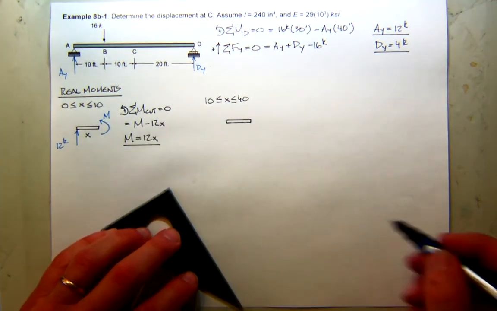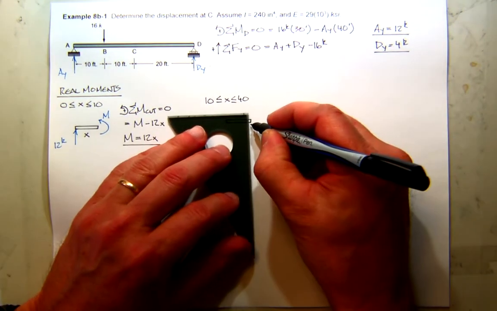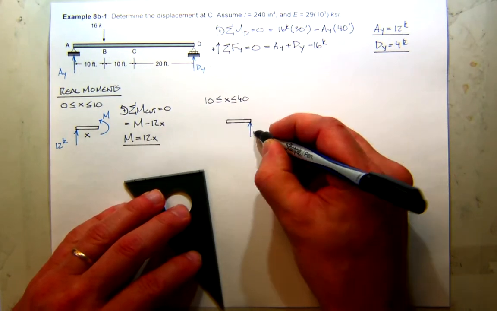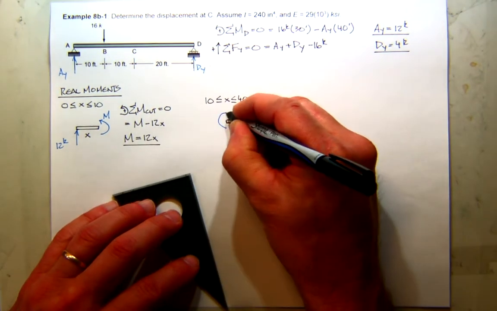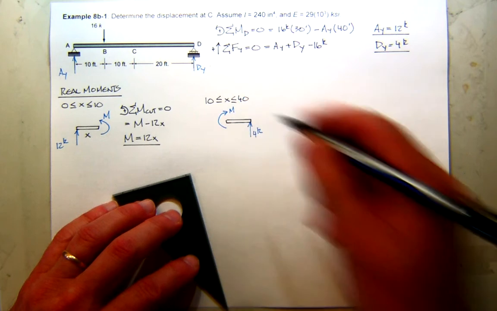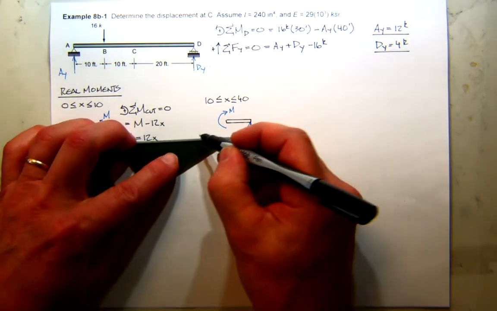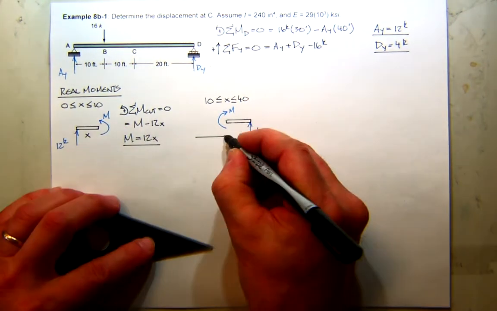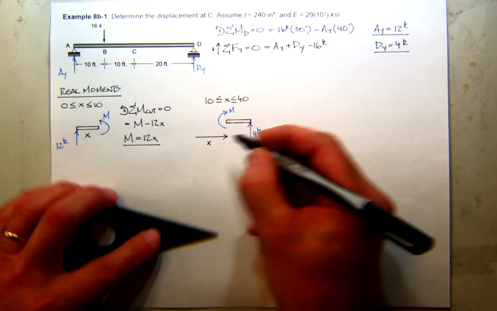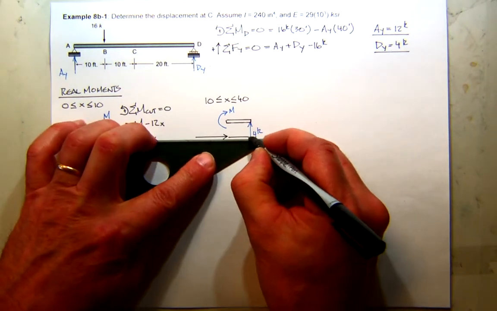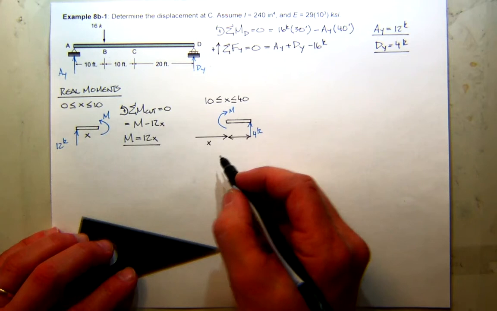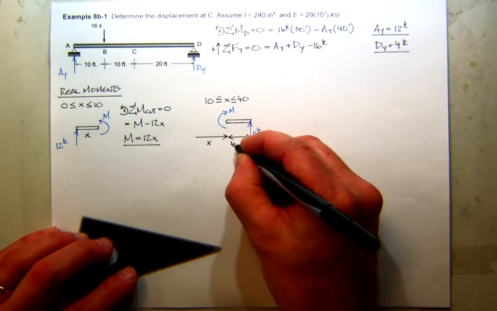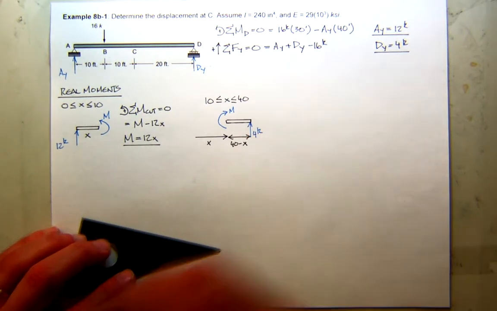At the right edge, we have DY, which is positive up, and that's 4 kips. We have the internal moment, M, and I have the distance x up to the cut, and that leaves the right-hand side segment, which would be the total length minus x. The total length is 40, so that little piece will be 40 minus x.